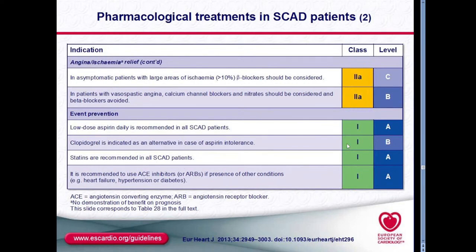You see here the class of recommendations and the level of evidence. And it is recommended to use ACE inhibitors or ARBs, angiotensin receptor blockers, if other conditions like heart failure, hypertension, or diabetes are present.